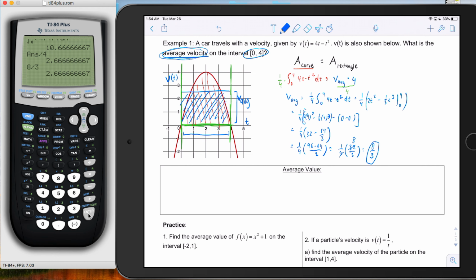And hey, we did our definite integral correctly. Okay, so that's how you would get the average value.